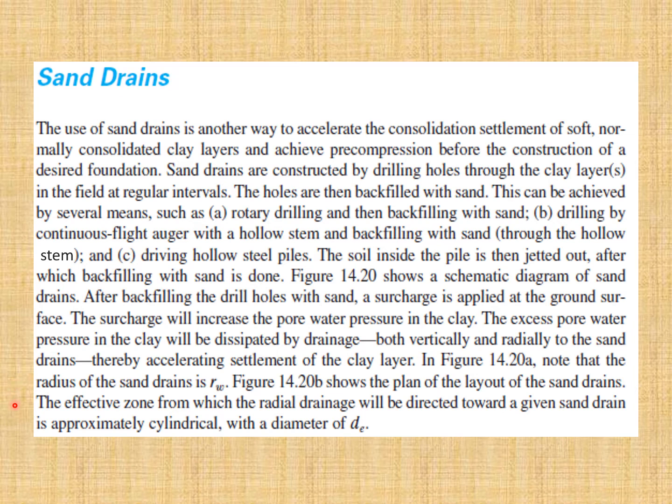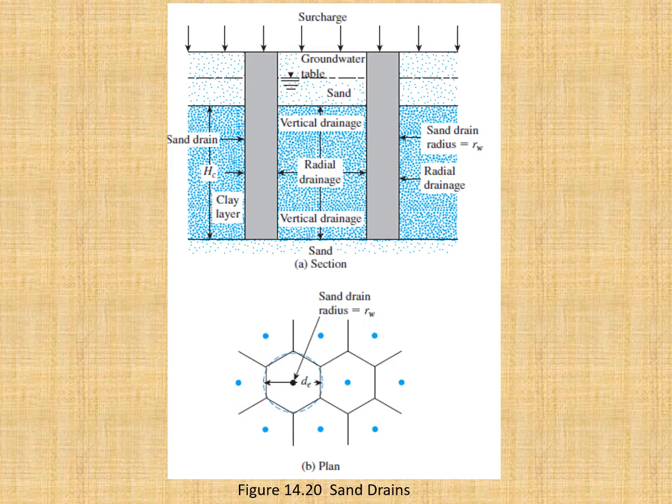The effective zone from which the radial drainage will be directed toward a given sand drain is approximately cylindrical with a diameter of d sub e. So here you can see this is the sand drain, this is another sand drain, and if you look at the pattern of sand drains, around one sand drain you are having the influence circle, and the diameter of that is d sub e.